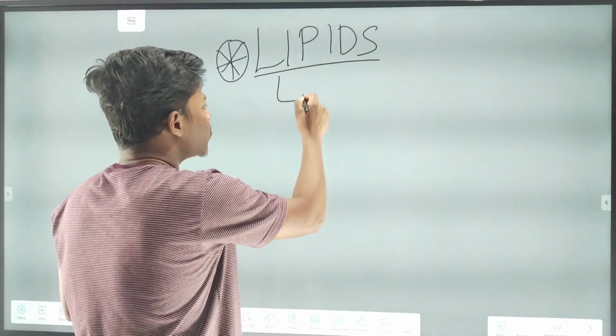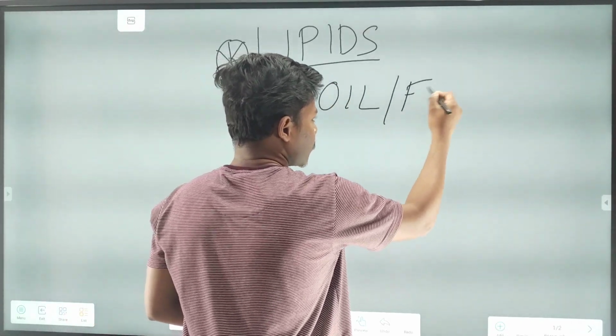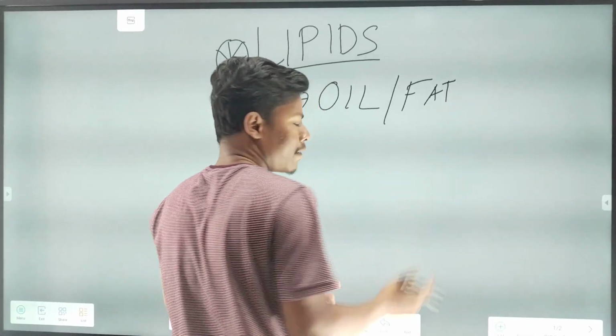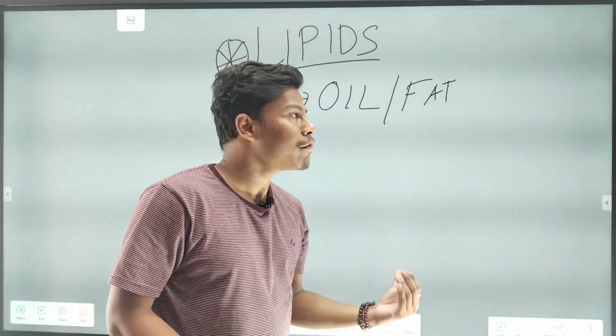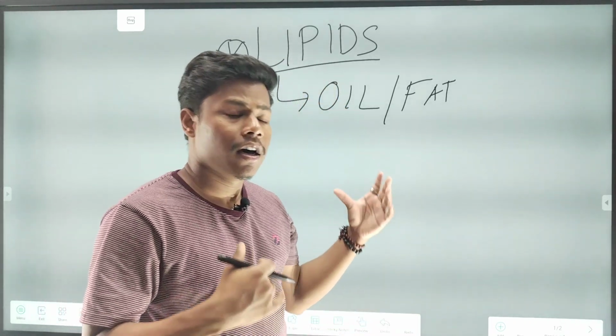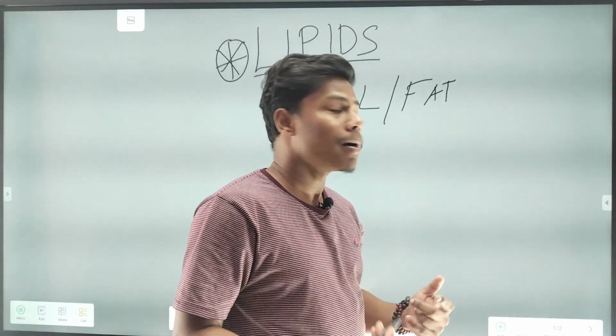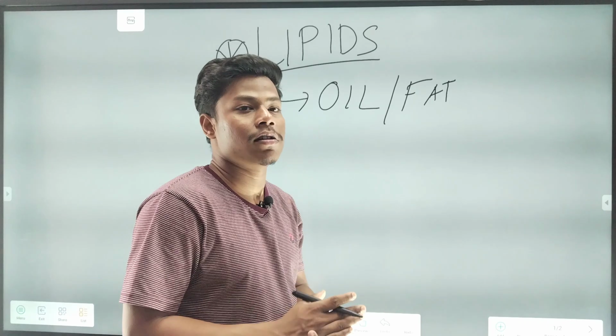Lipids are nothing but the oils and fats. Oils and fats are the general examples of lipids. And why do we eat oils, or what is the purpose of fats? Basically, oils and fats have various roles in our body.